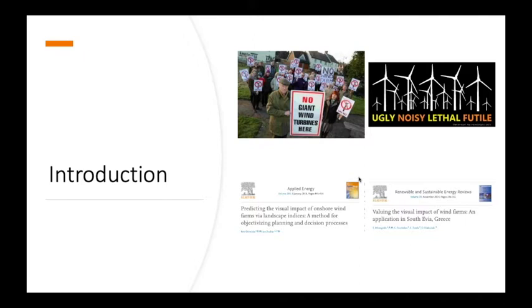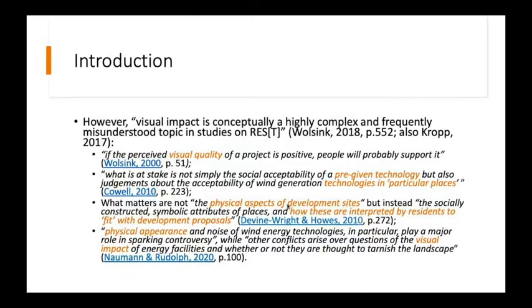And there are a lot of papers coming from different perspectives within the social sciences that have been examining specifically the visual impact of this type of energy infrastructure and its relation with social acceptance as well.